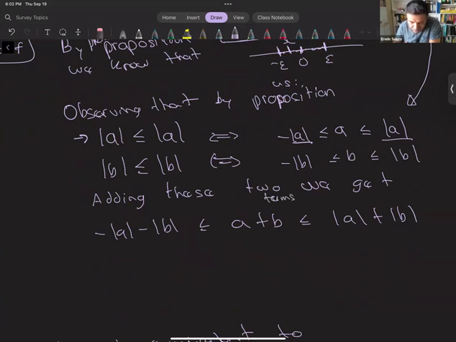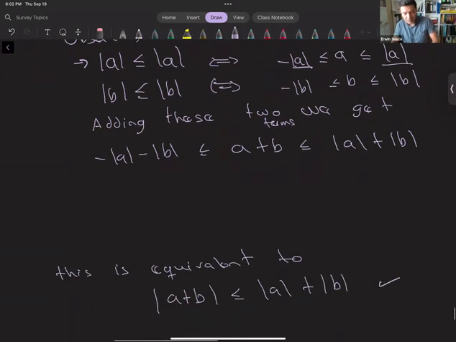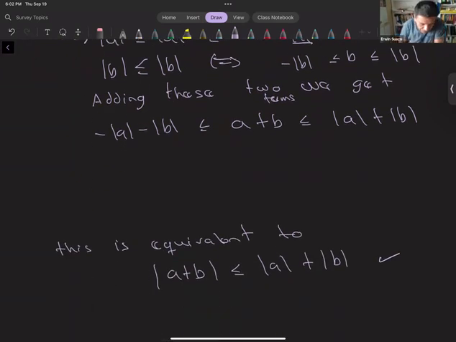Adding these two terms, we get that minus absolute value of A minus absolute value of B is less or equal than A plus B less or equal than absolute value of A plus absolute value of B. And this is equivalent to this by the proposition, as we want.